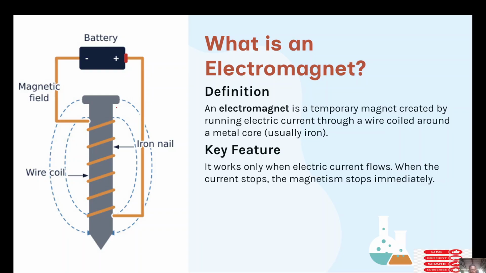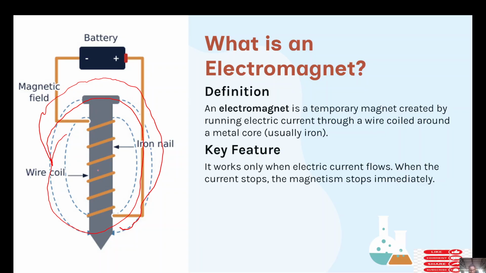In trying to magnetize an iron bar or core using electromagnet mechanism, you have to get a battery which has both terminals, the positive and the negative, with a wire coiled around what? An iron bar. And these regions are where the magnetic influence is felt. Okay? So we are saying that this is the magnetic field, where if any magnetic material is brought closer to this magnetized nail or iron core, it gets attracted to it.